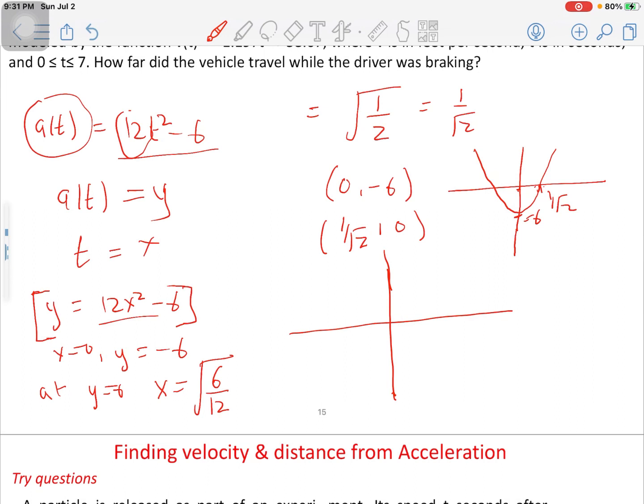So this one, the velocity one, you are going to get a graph like this, but it's not going to touch the origin yet. And then the last one, you are also going to get a graph like this, which is the distance function.